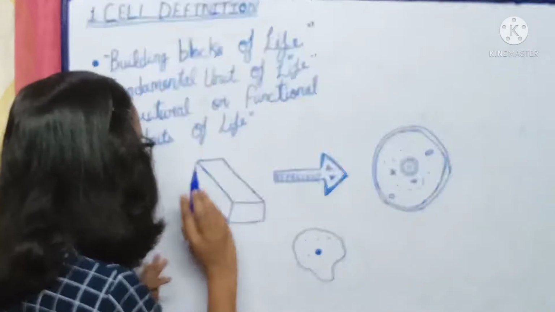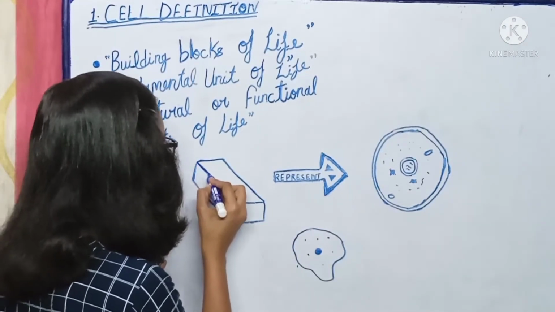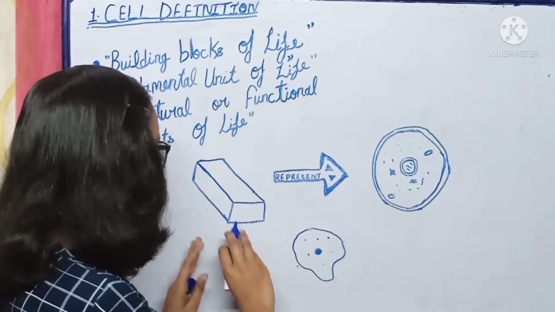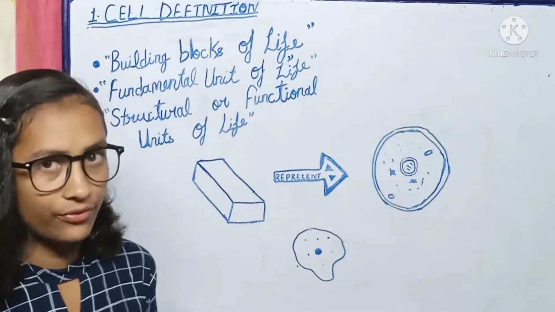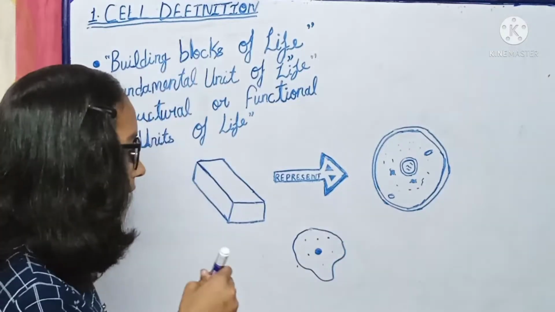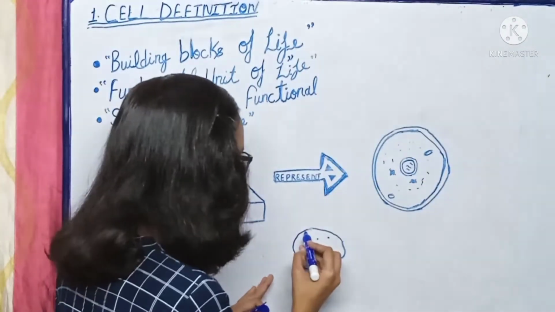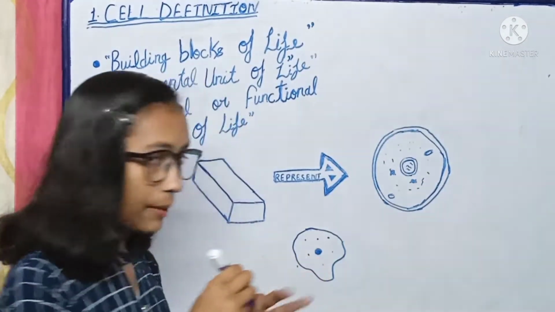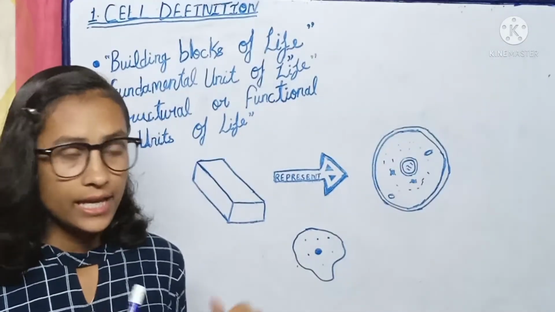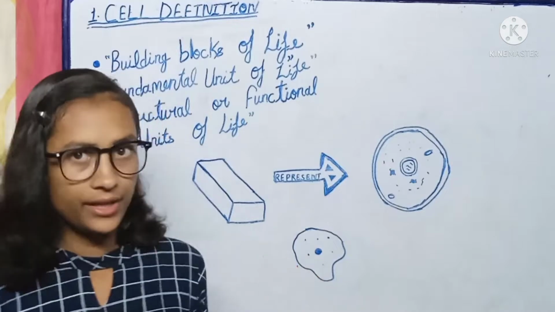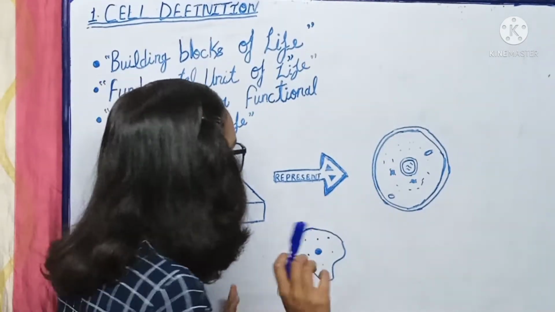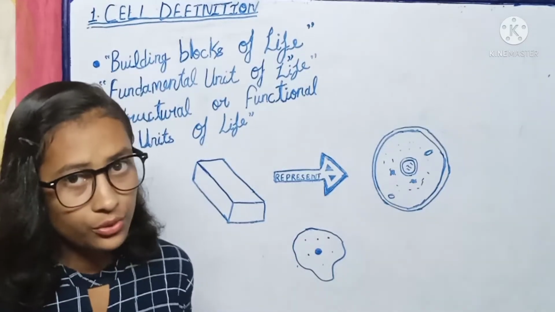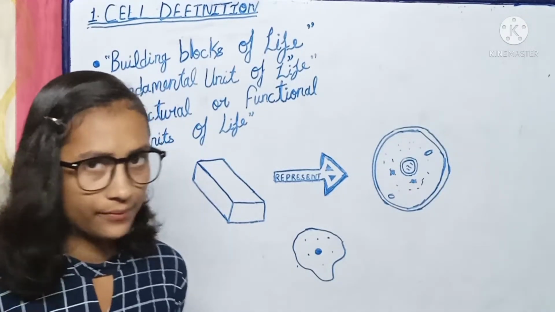So there is a structure of bricks, which represents a cell, a house. Let me define. If I give an example, that is an amoeba. Amoeba is a unicellular organism, it has only one cell. That's why it is called a unicellular organism. So it's made of only one cell. So what do you observe by that?